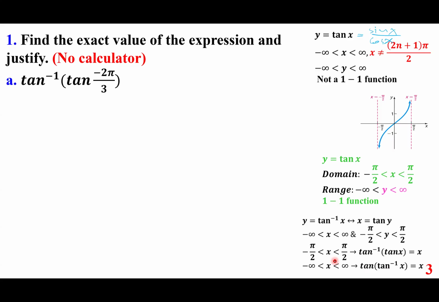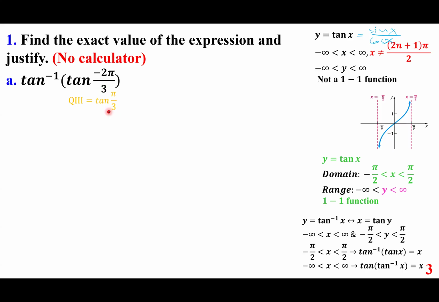Now, when we look at this one, remember, tan inverse of tan x is x, if x is between minus pi over 2 and pi over 2. Minus 2 pi over 3, it's not. It's in the third quadrant.